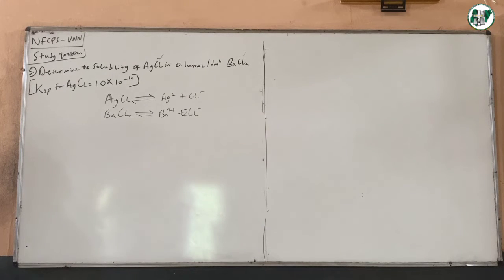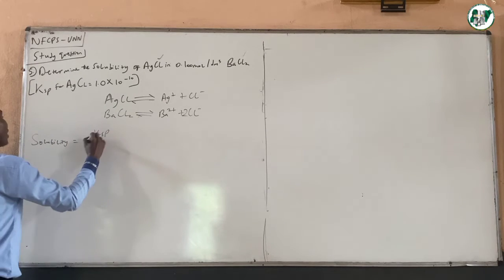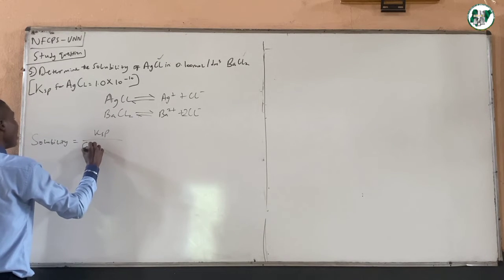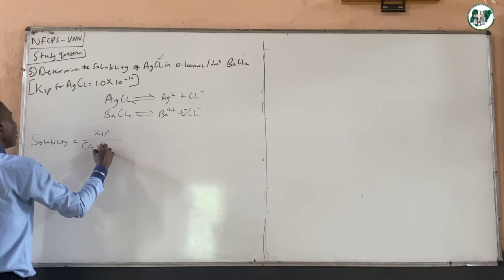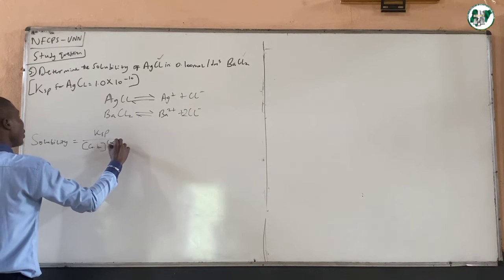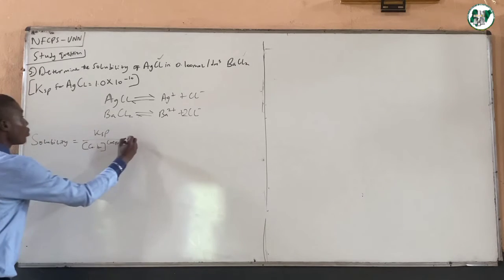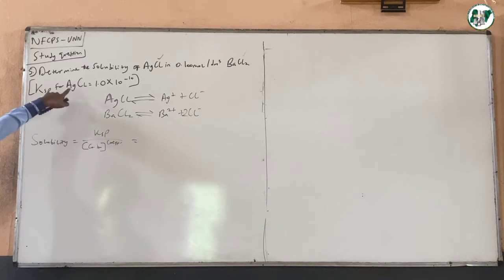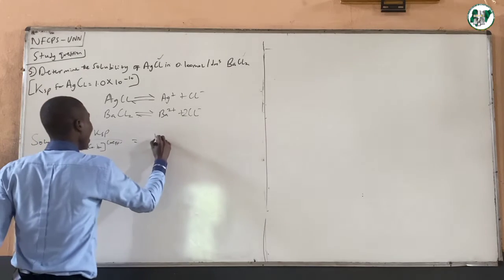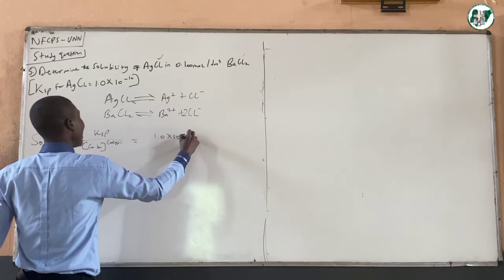So the next thing for you to write is the formula. We know that solubility is equal to Ksp divided by concentration of common ion raised to the power of coefficient of the common ion. So what is the Ksp of the AgCl? It is 1.0 times 10 raised to the power of minus 10.